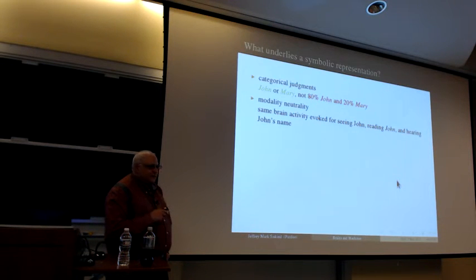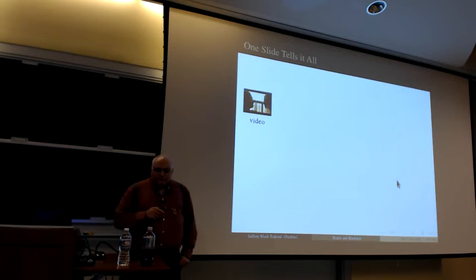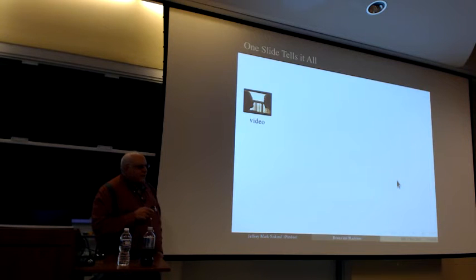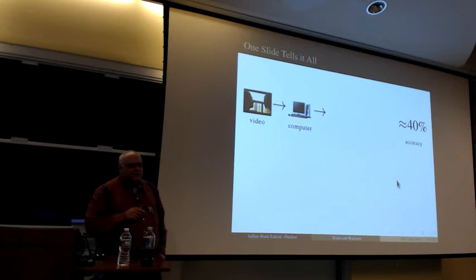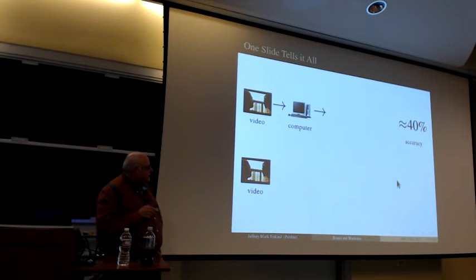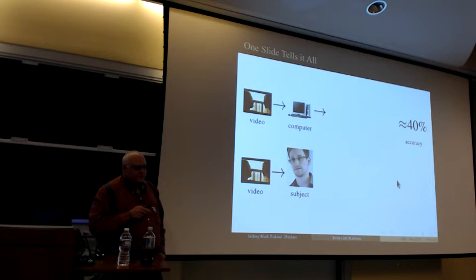I'm going to first attempt to provide some insight into this question. Most computer vision activity recognition systems take a video as input, process it by a computer to build a classifier, and get some accuracy as output. What's novel in the experimental paradigm that I'm going to show you today is we take the same video clips, but instead of showing them to a computer, we show them to a human subject undergoing fMRI.